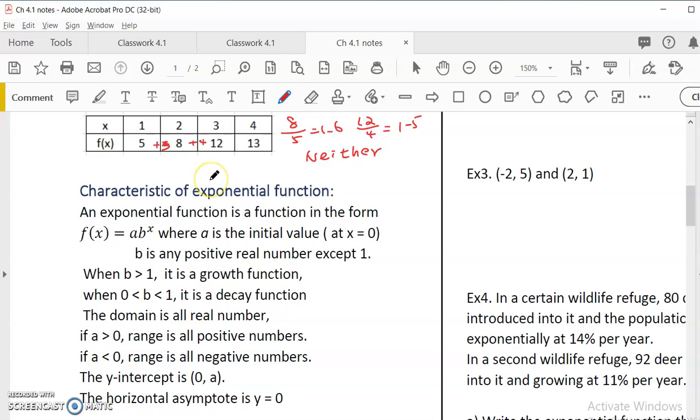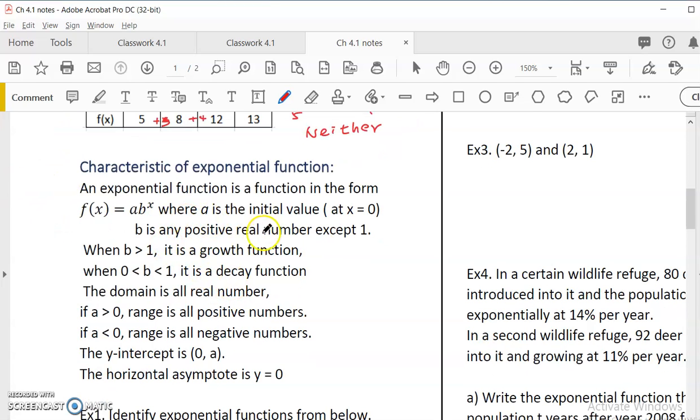Now, there are two different types of exponential. Just like linear, you can have increase or decrease; exponential functions also have growth or decay. Growth means increasing, decay means decreasing. And what is the form of an exponential function? A linear function is y equal to mx plus b. It's a line. But for an exponential function, the general form is a b to the power x.